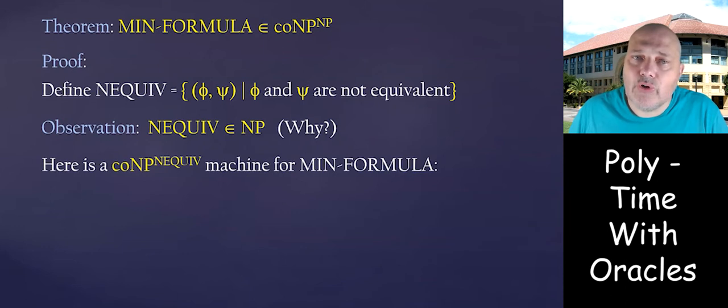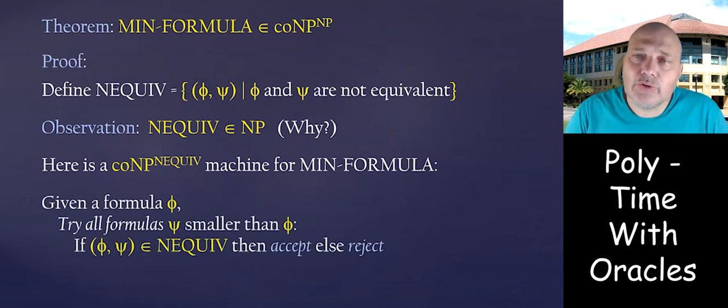Now we want to show that coNP with oracle access to NON-EQUIVALENT can solve MIN-FORMULA. This will mean that coNP to the NP can solve MIN-FORMULA, just because NON-EQUIVALENT is in NP. So given a formula phi, try all formulas psi that are smaller than phi, and if (phi, psi) is in NON-EQUIVALENT, then accept, otherwise reject.